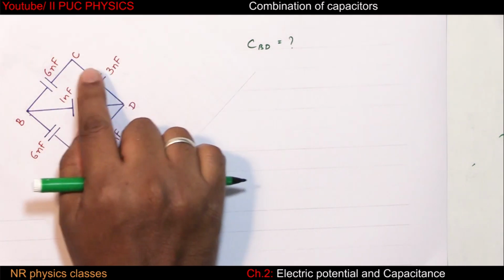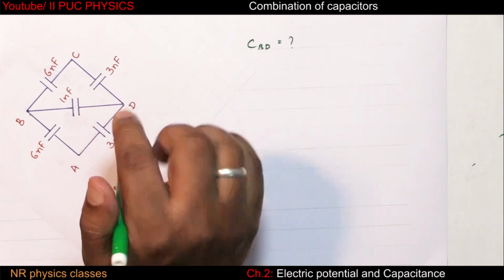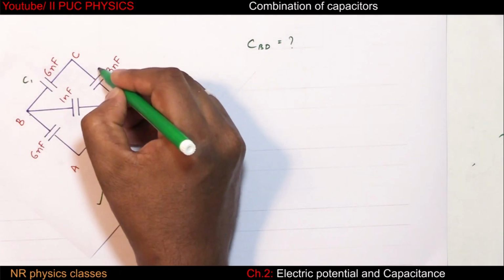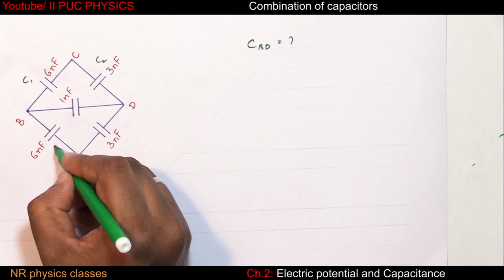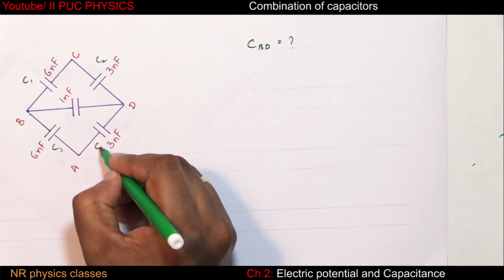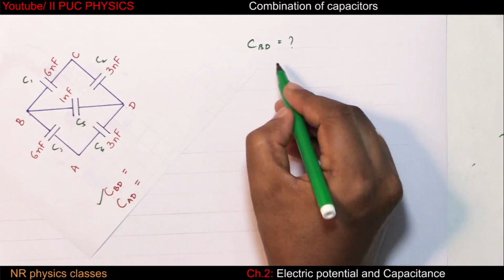So these two in series means 6 and 3. Let me denote it by C1. This is C2, C3, C4. This is C5.